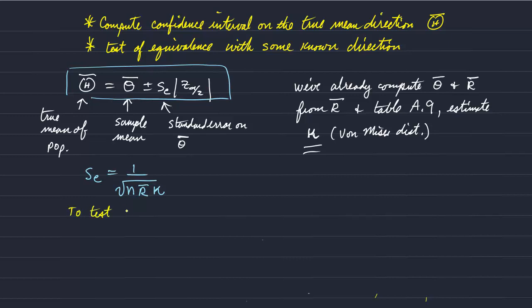So now to test whether theta bar matches that of our topographic depression, let's just call that theta bar 0, we simply answer the question, does the test orientation fall within the confidence interval?